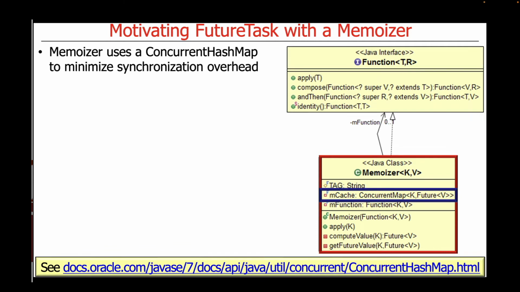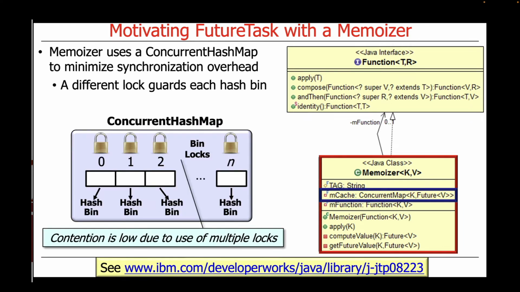Now, the way we're going to do this under the hood is we're going to use a concurrent hash map to minimize synchronization overhead. And you all know concurrent hash map, and you'll see how that gets applied here. Now, the thing that's nice about concurrent hash map is that different lock guards are used for each hash bin.